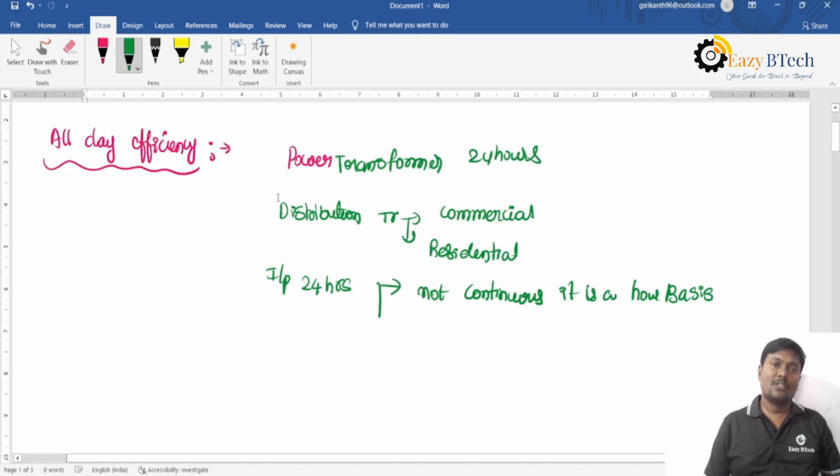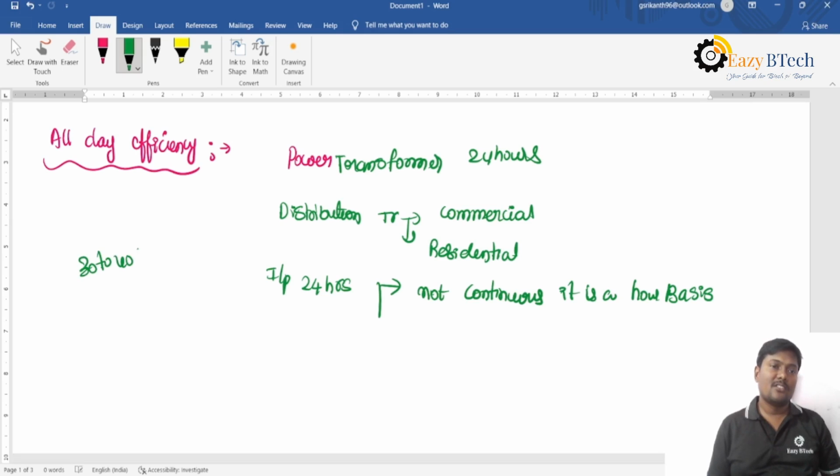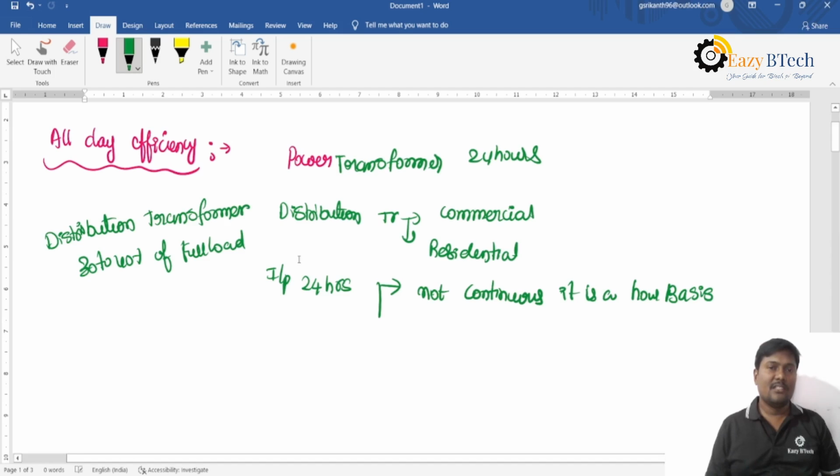So in the commercial case, from morning 11 to night 9 o'clock it is fully loaded. The average load of a distribution transformer is only 30 to 40% of the full load.